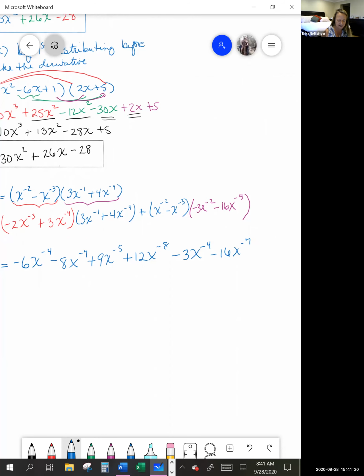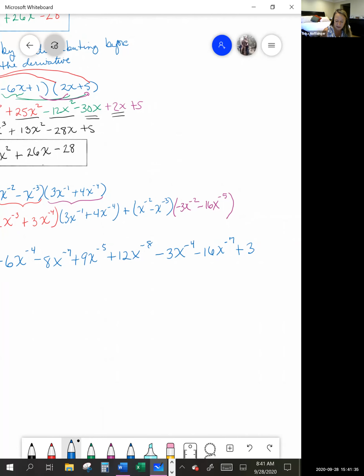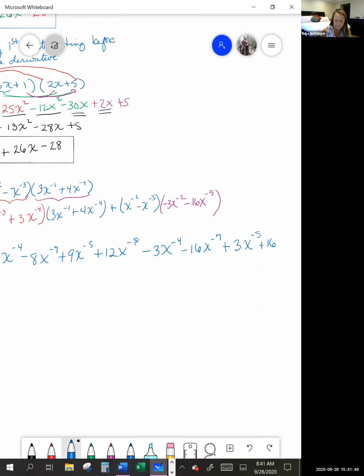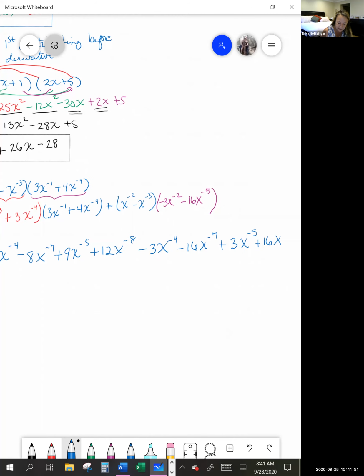Distribute the negative x to the negative 3 to the negative 3x to the negative 2. So negative times negative is positive, so that's plus 3x to the negative 3, x to the negative 2. Add the exponents. Negative 3 minus 2 is negative 5. Last one, negative x to the negative 3 times negative 16x to the negative 5, that's a plus 16. And negative 3 minus 5 is negative 8, so x to the negative 8.